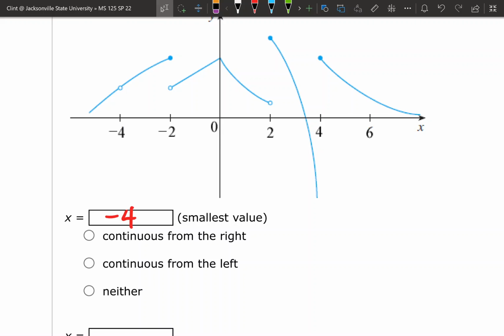This one would be neither, because it's undefined at -4, so we got those three properties of continuity where the limit has to equal the functional value. That can't happen there, so this one would be neither. I'm not as concerned about the one-sided continuity, but there we would call that a hole.